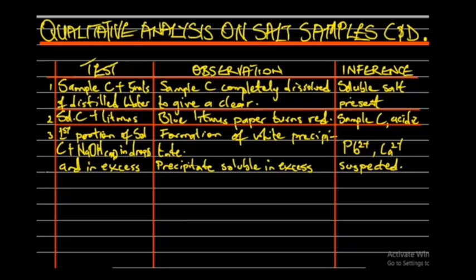Since we are having two possible ions, we needed to go further to ascertain what we have there. So we went further to test with aqueous ammonia as well. To the second portion of solution C, we added aqueous ammonia in drops.